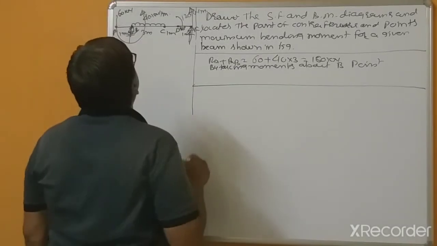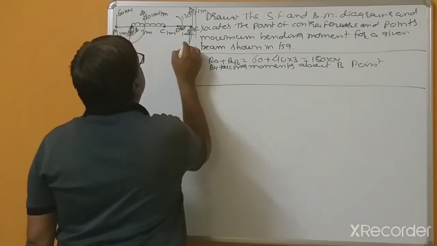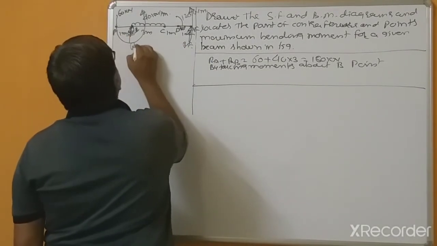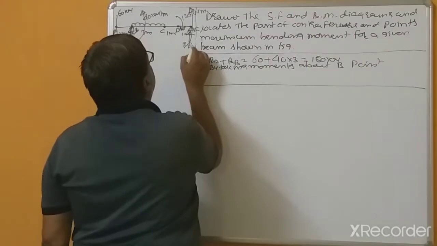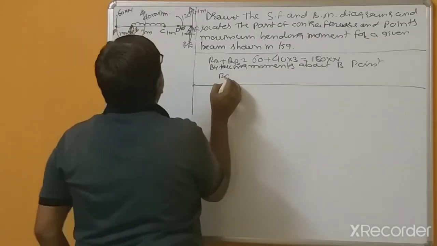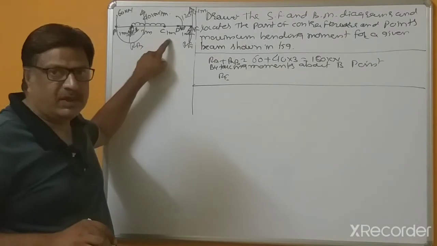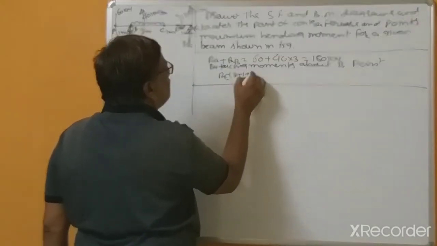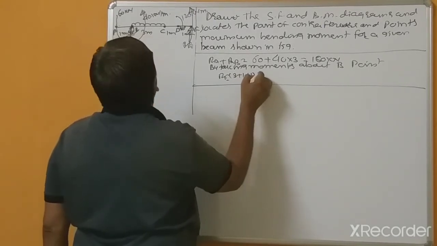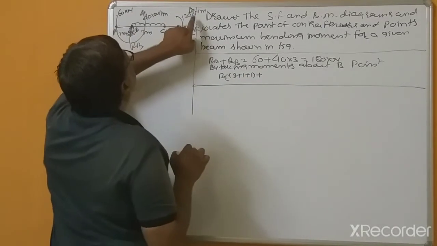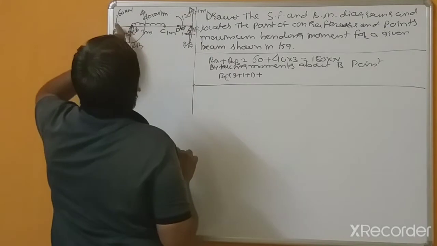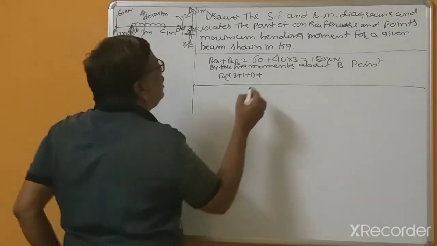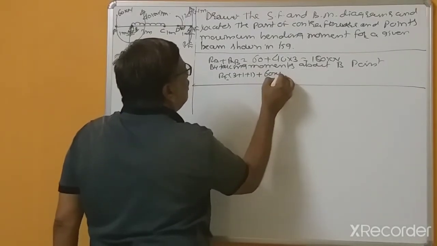So RE into distance 3 meter plus 1 meter plus 1 meter, so 3 plus 1 plus 1, plus, because this moment is also anti-clockwise, 60 into 1.